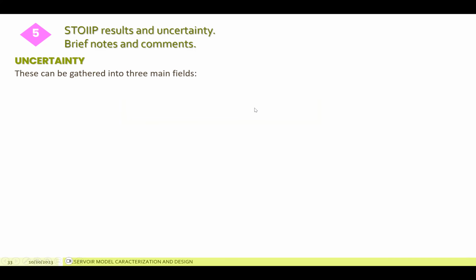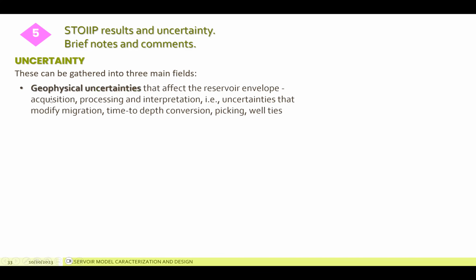And finally, I'm going to speak about uncertainty. You can have uncertainty in all your model. It comes from the geophysical uncertainties, like when you do the seismic interpretation, it depends on you. I can do an interpretation, you can do another one, and who is the correct one, who is the wrong one, far away from the wells, the control of the wells, you don't know.